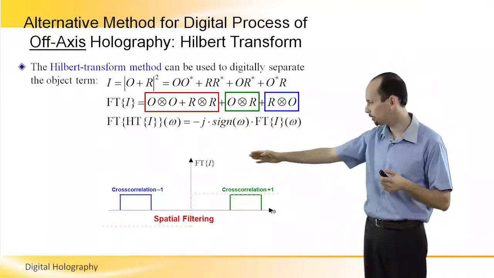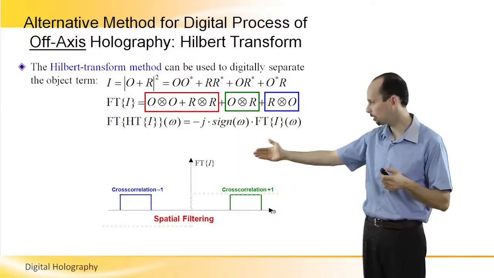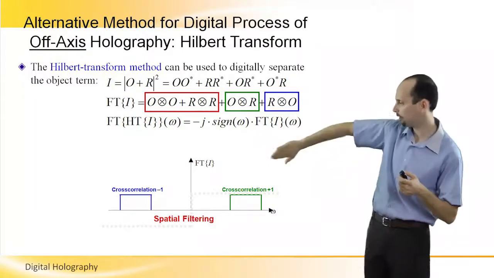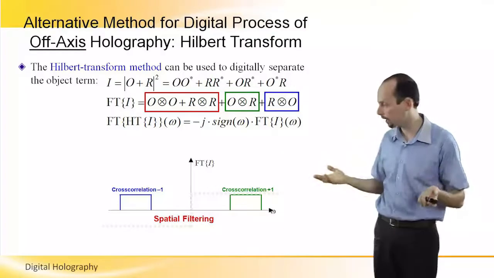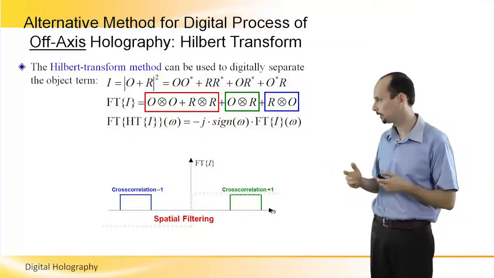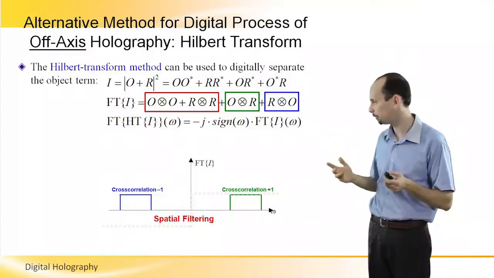Okay? So it actually means that I'm taking the cross correlation -1 and flipping it all over here. This is what effectively happens in the Fourier domain if I'm taking a Hilbert transform.